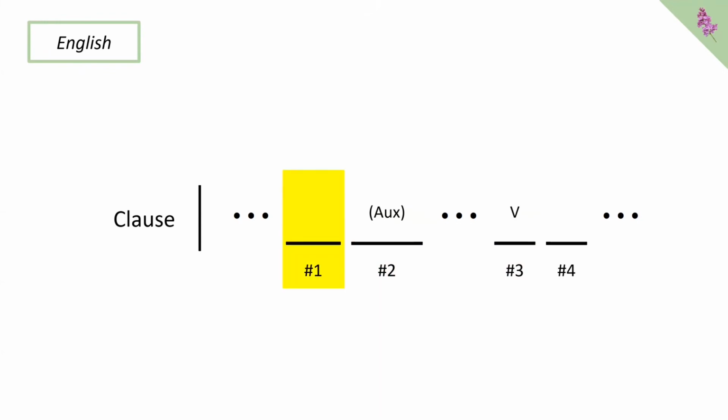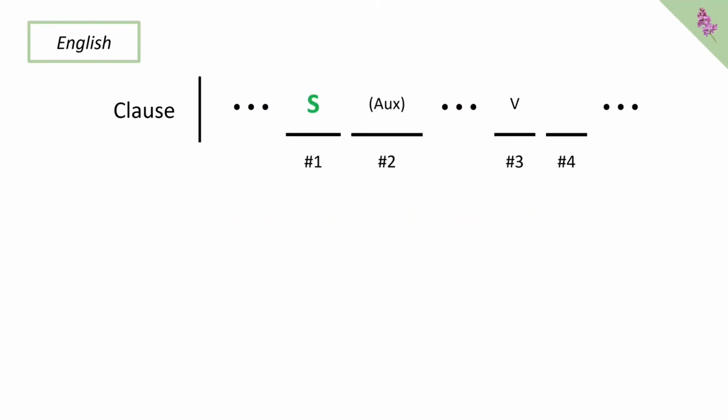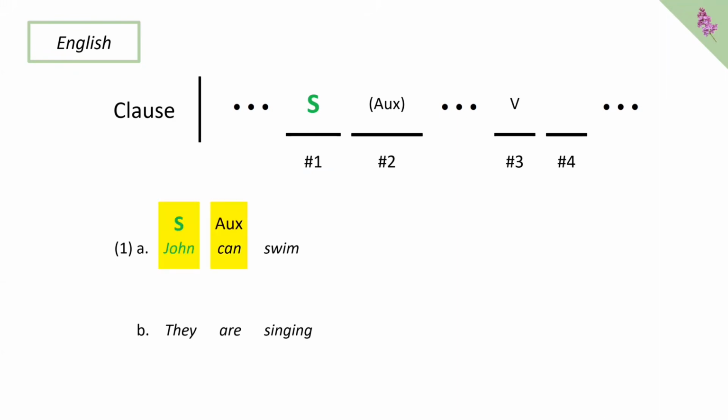Let us now discuss position 1. One of the things that can occupy position 1 is s-arguments. The fact that s-arguments occupy position 1 is illustrated by the following data. John can swim, and they are singing. In 1a, we see the s-argument John appear in front of the auxiliary can, which sits in position 2.